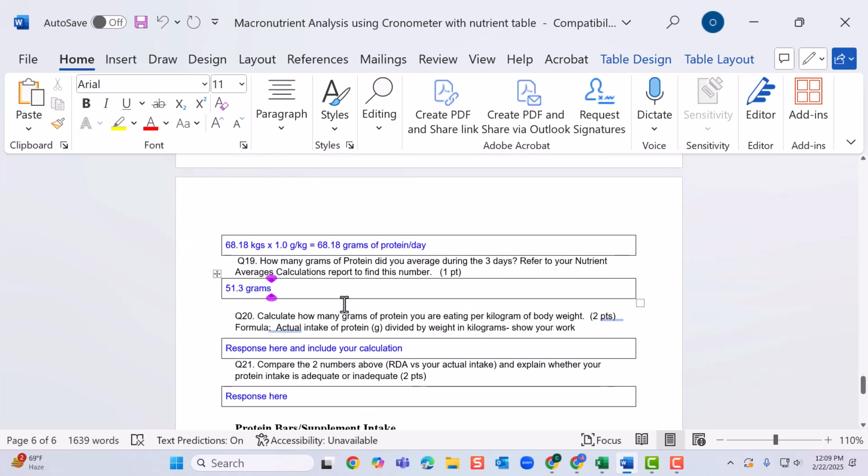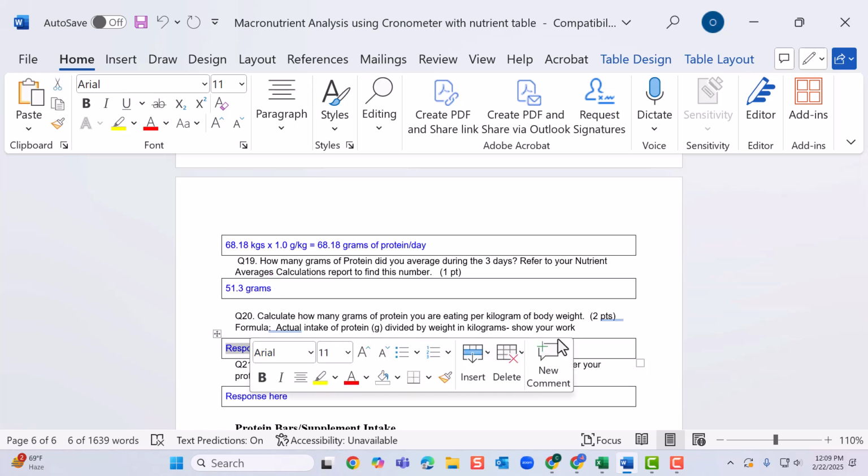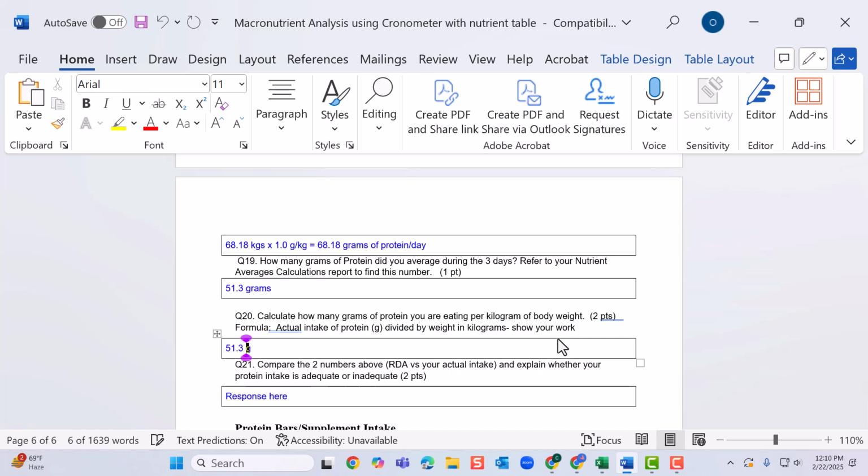How many grams am I getting per kilo? I will take my intake, 51.3 grams, and divide it by my weight. I weighed 68.18 kilos. That means if I take intake divided by my weight, 68.18, that equals 0.75 grams per kilogram.